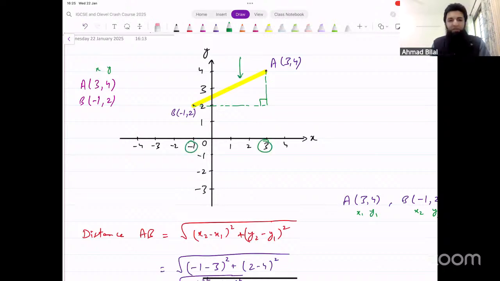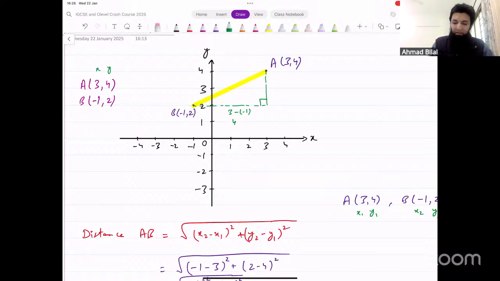What's the difference between 3 and -1? 3 minus -1, that becomes 3 plus 1, which is going to be 4. So this length is supposed to be 4, right? So essentially what you're doing is you're subtracting one x coordinate from the other x coordinate, 3 minus -1, and that becomes 4. Okay, that's the base.